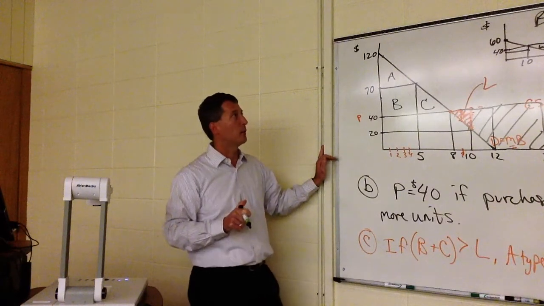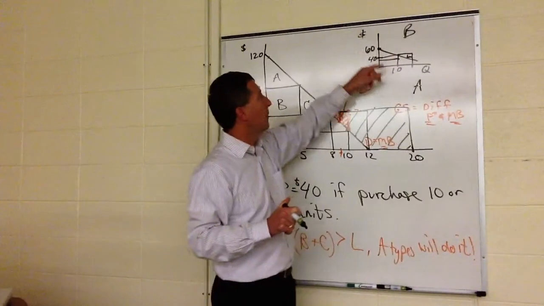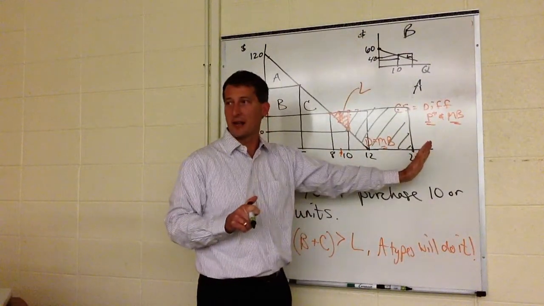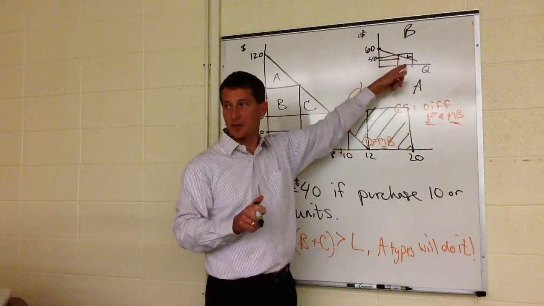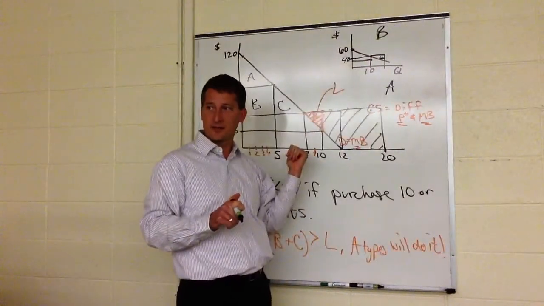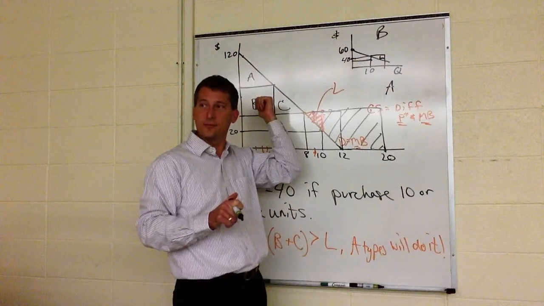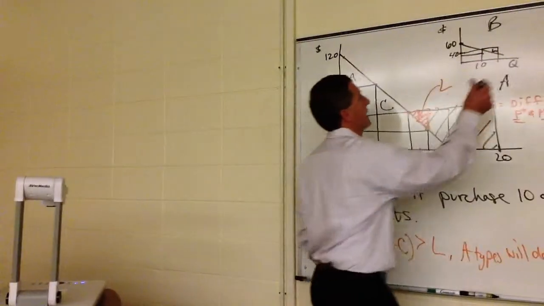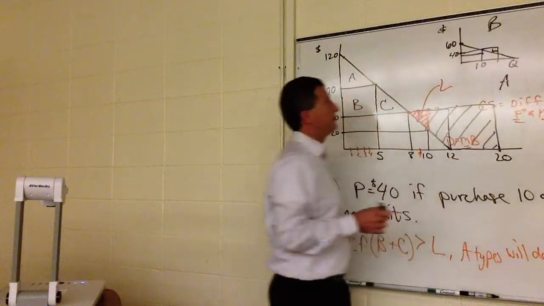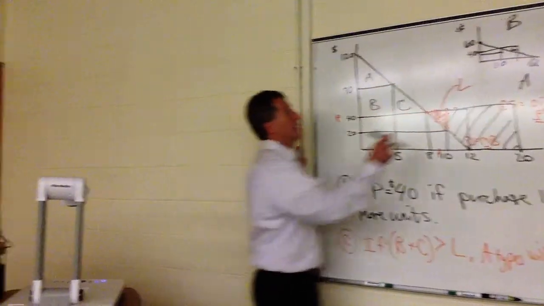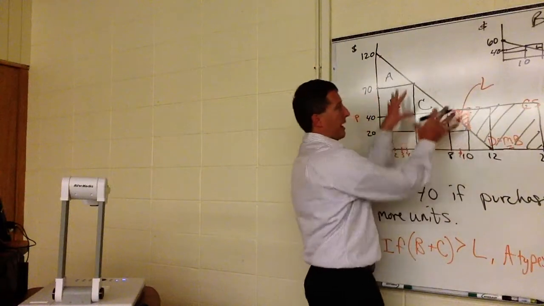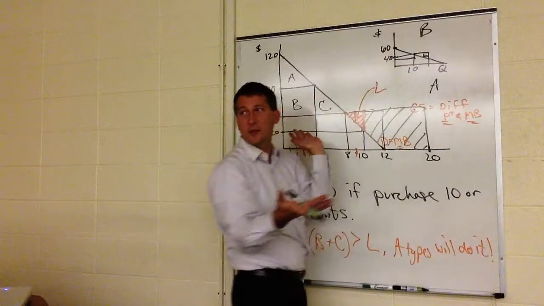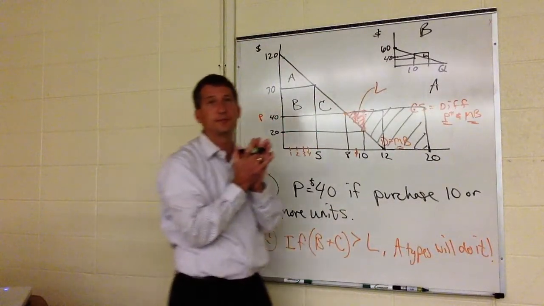Is there a quantity that would make the B's buy at 40 and the A's still buy at 70? I don't know. With this problem, it depends on the demand curve, because it could be that at whatever point it works here, it doesn't work there, and then there's not a solution.